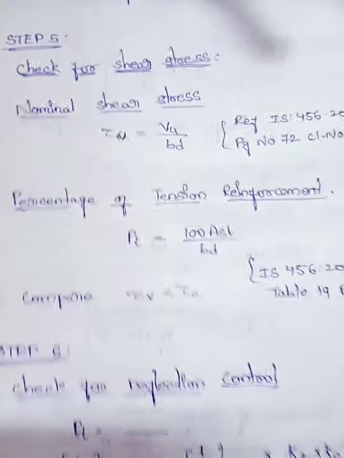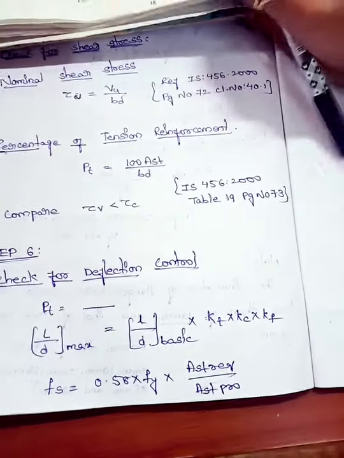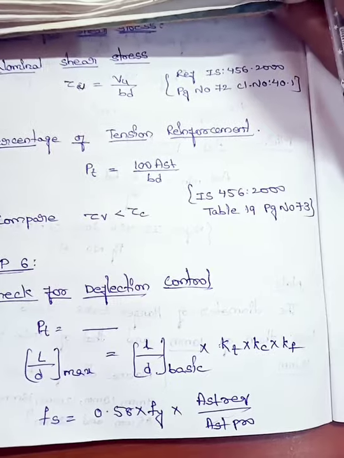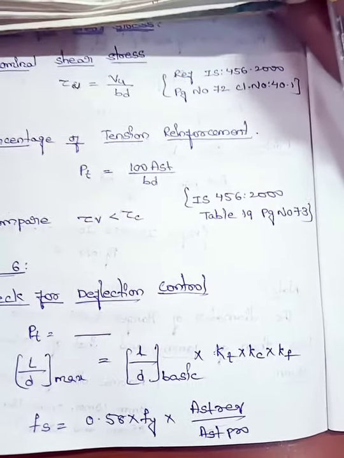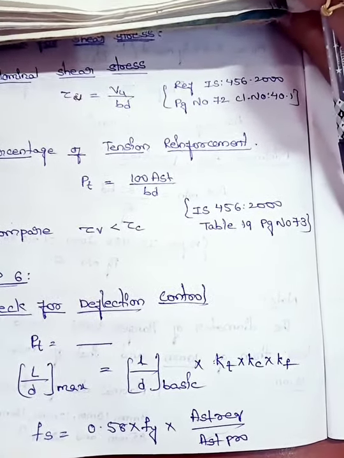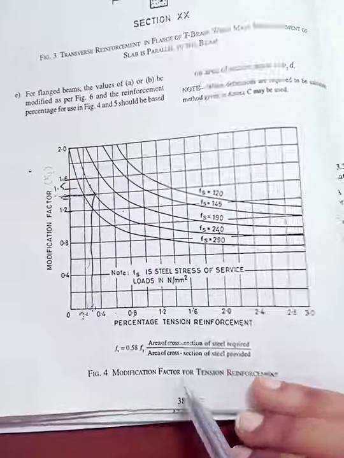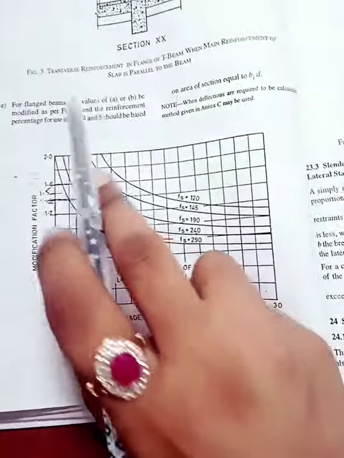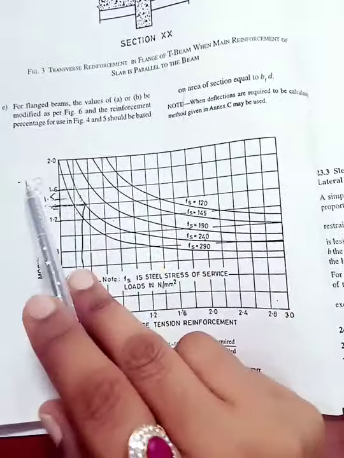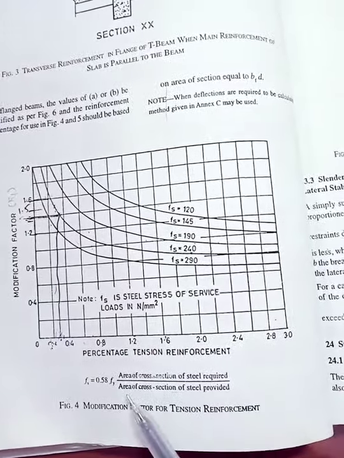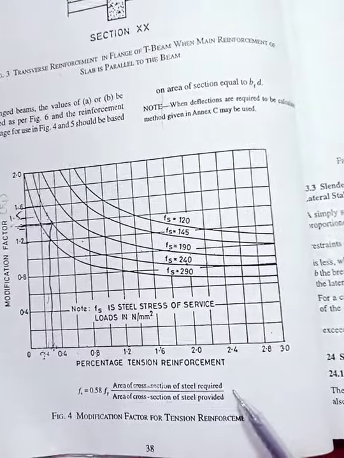See here. L by d max is equal to L by d basic. The fs value, you can take this fs formula from page 38: 0.58 into fy into Ast required by Ast provided. I'll show that also. See here, in page 38 of IS 456:2000. This is the kt value, the modification factor: 0.58 fy into area of cross section of steel required by area of cross section of steel provided.